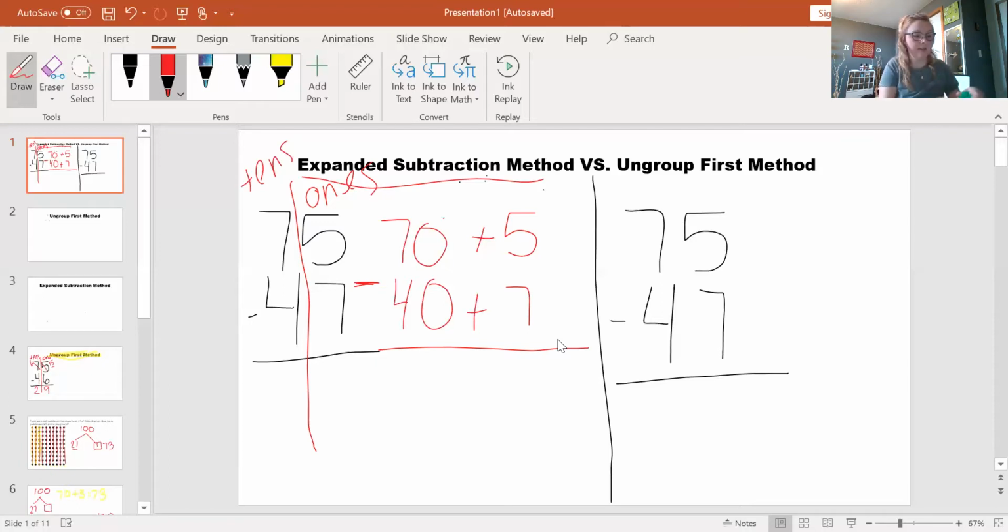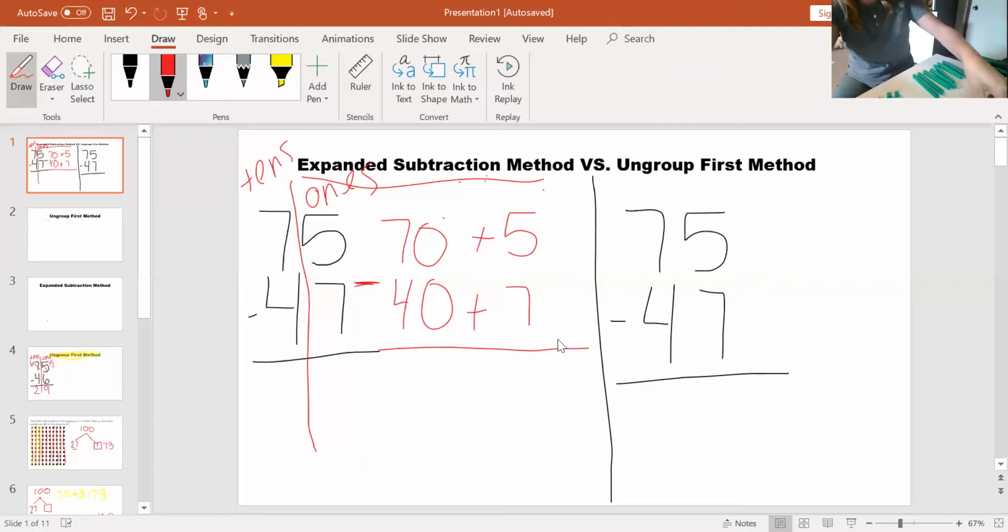So if I have 1, 2, 3, 4, 5, 6, 7, I'm going to move my computer down like I did last time, and I hope you guys can see this.